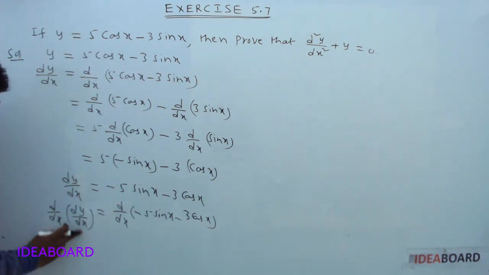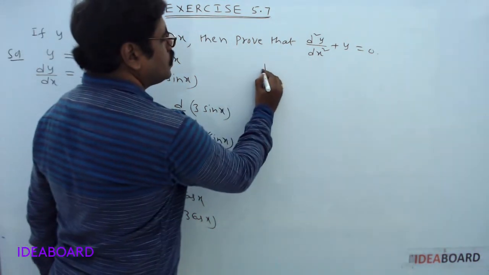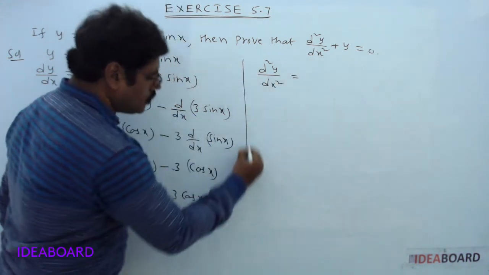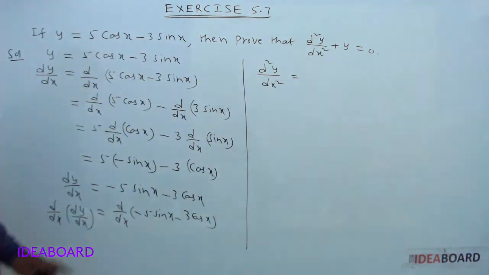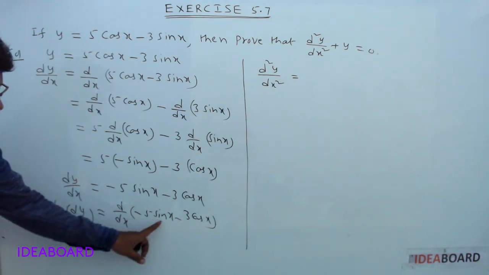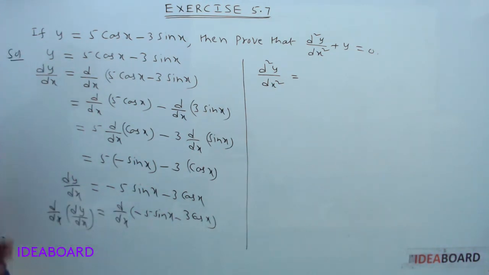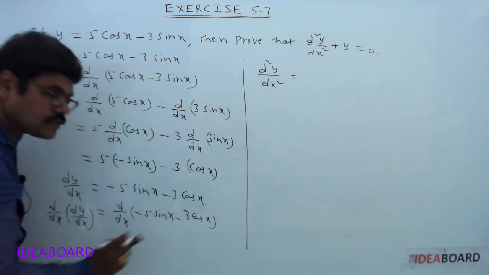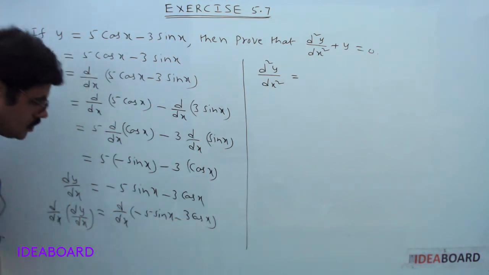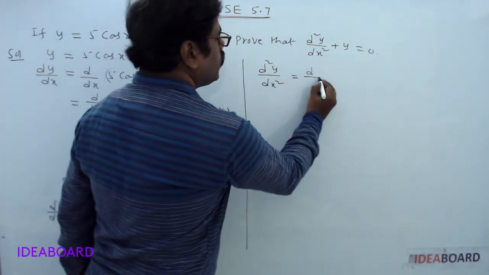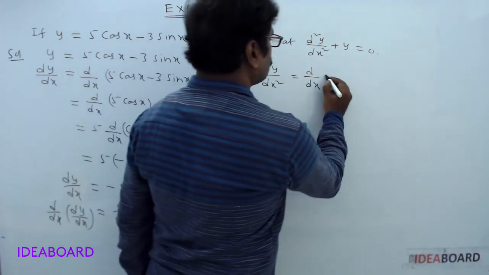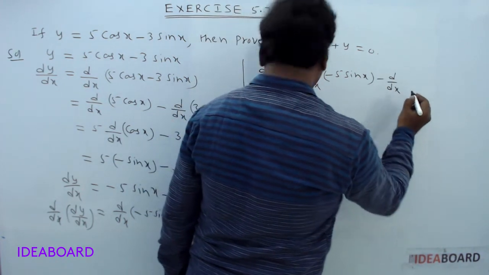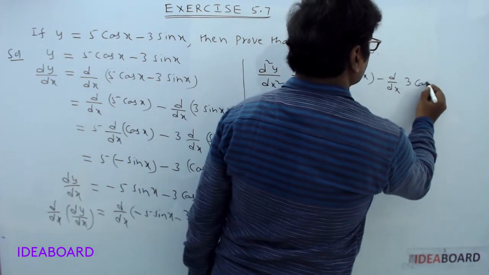Now come to the simplification part. d by dx of dy by dx, which is the same as d square y by dx square, equals, see the RHS value, the derivative of minus 5 sin x minus 3 cos x can be written as the derivative of minus 5 sin x minus the derivative of 3 cos x.